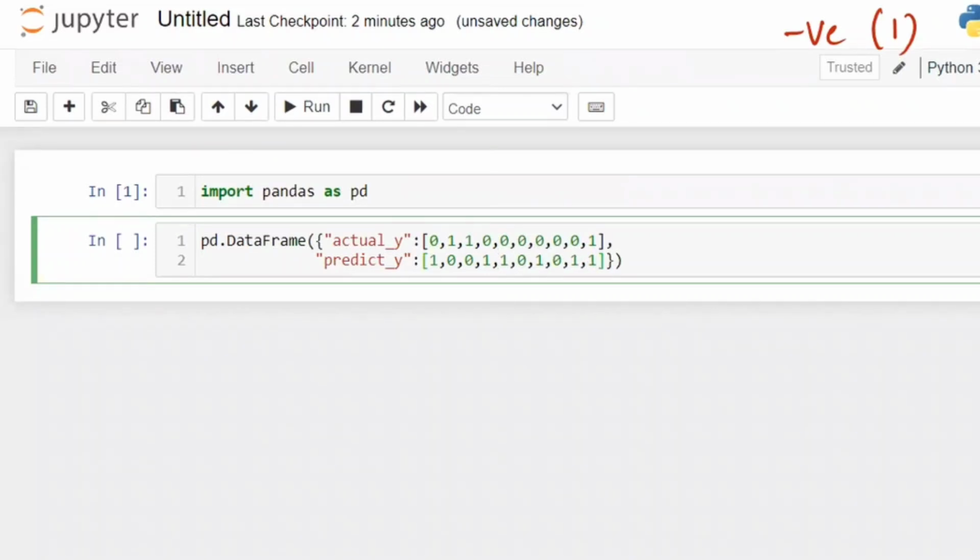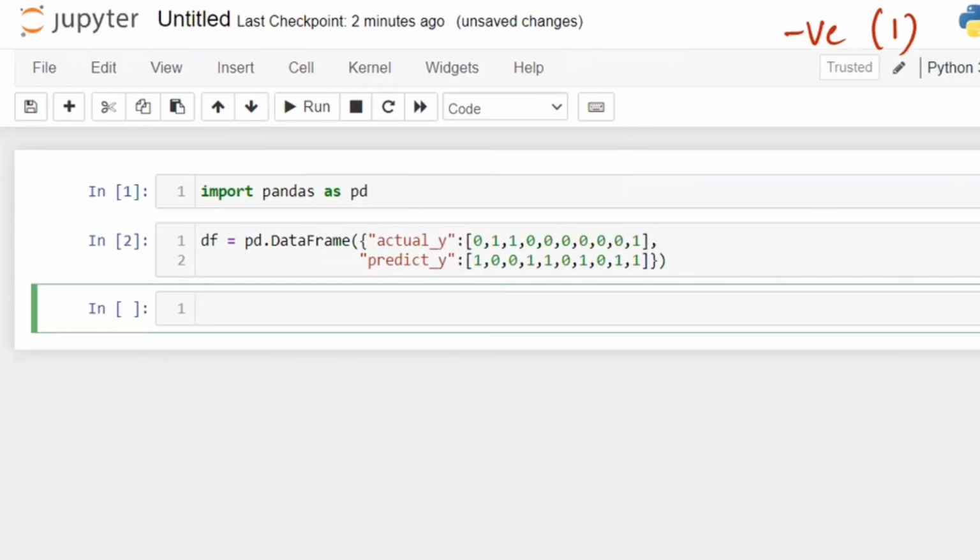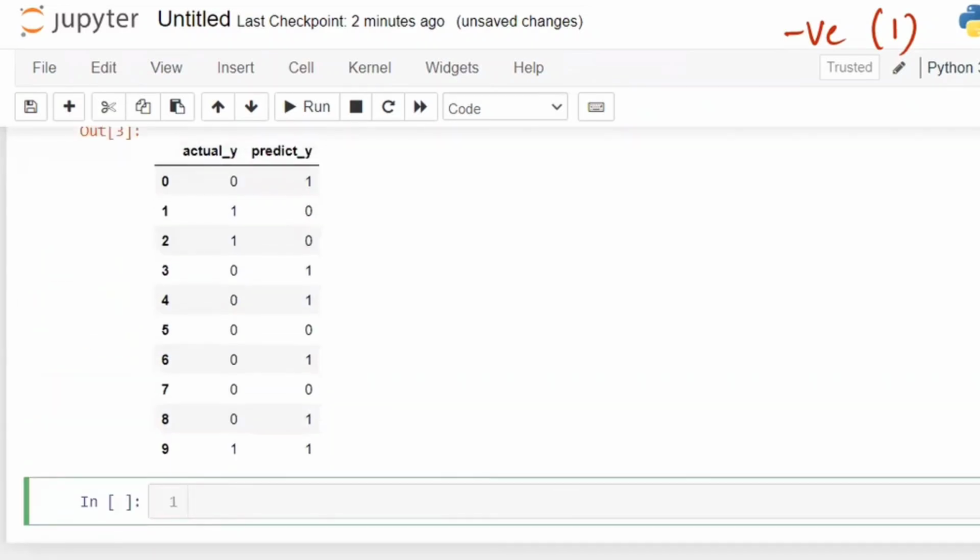Okay, I'm going to save it in a df, actual y and predicted y. Please check the original data, whether what I have written is correct or not. Otherwise, answers will be wrong. Your answers and my answers should match, meaning both data should be the same first.